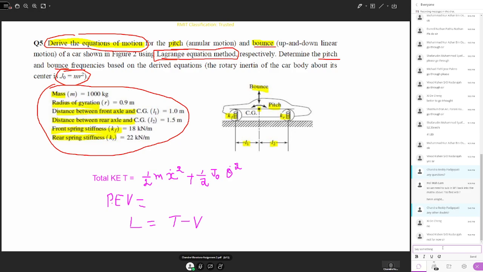Here the system has springs, both front and rear springs.